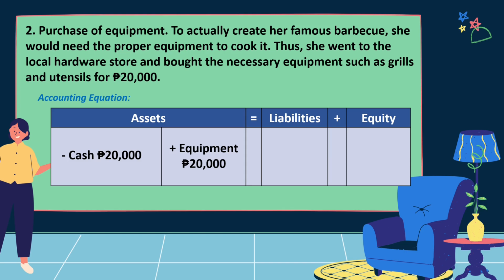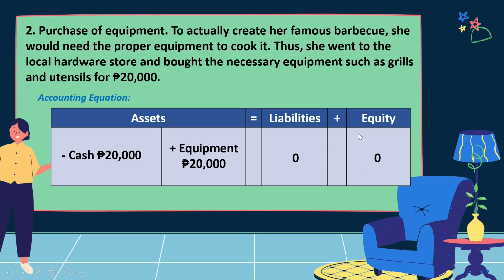Okay, so do we have liabilities and equity? Zero liability, walang liabilities dito sa transaction na to. And how about equity? Walang equity sa transaction na to. So we have zero liabilities and zero equity.